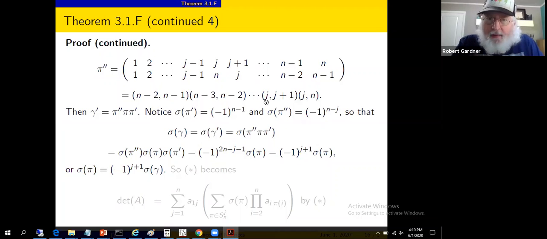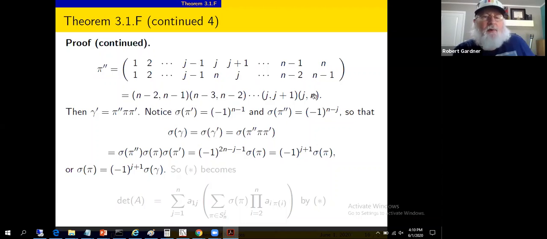Oh, well, plus 1, because that's how you count. If I've got these consecutive numbers, how many numbers are there? Big one minus little one plus 1. So we'll have n minus 2 minus j plus 1. That'd be n minus 1 minus j. And then we've got this extra one giving us a total of, I think, n minus j transpositions there. There are n minus j transpositions here.